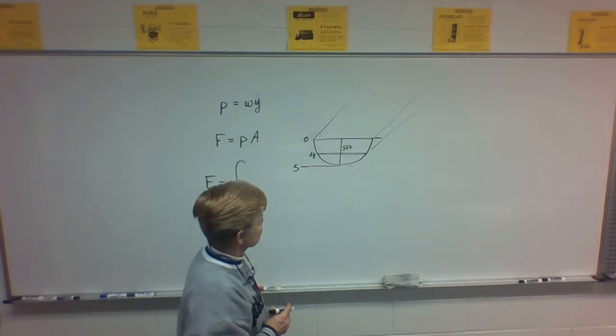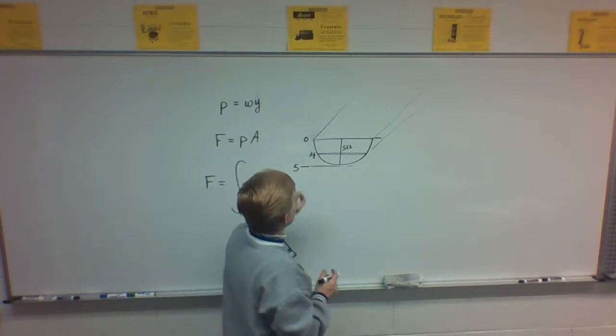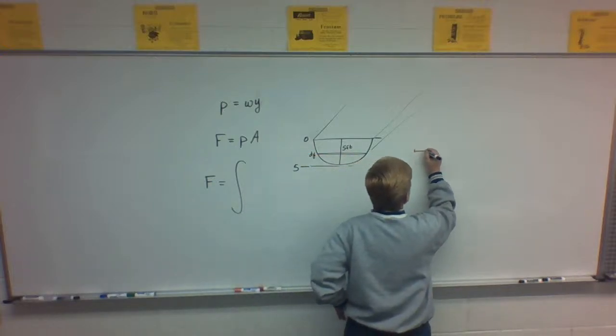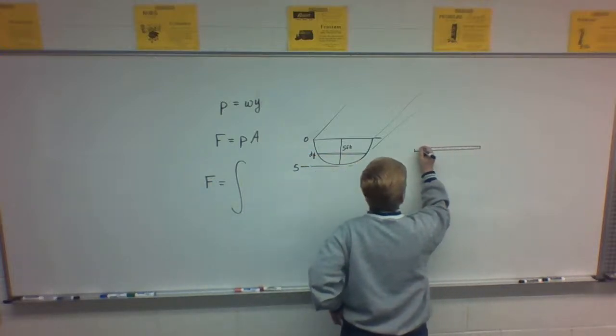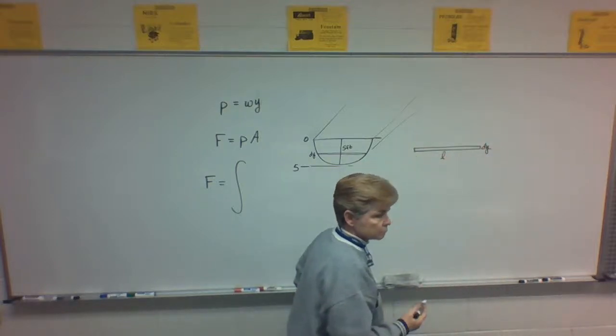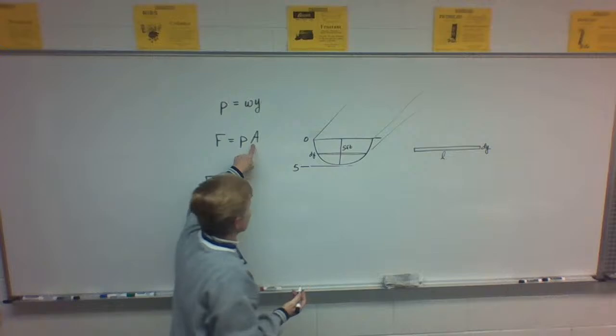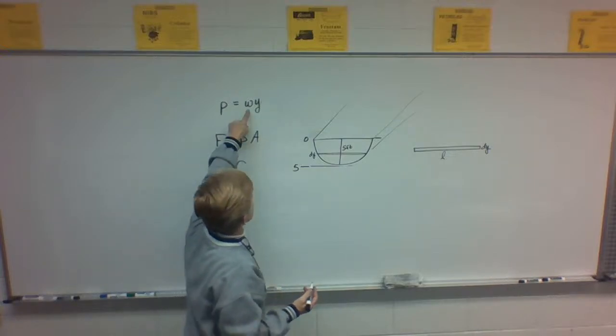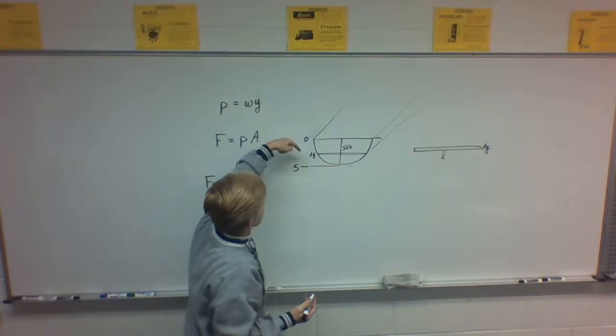Can you see that the area of this strip, if I draw it out here, is its length times dy? Yeah? And that would be this A right here. It's just the area of the strip. And the pressure will be the 62.4 times however deep I am, which will be y.